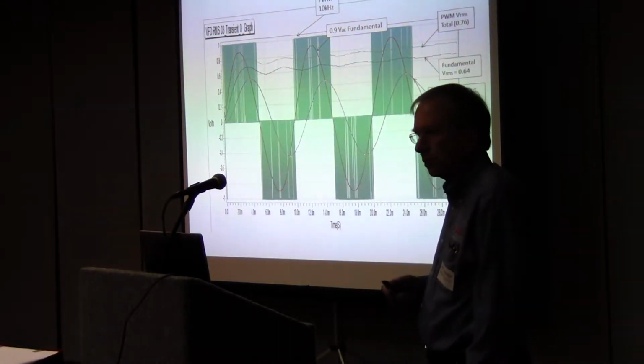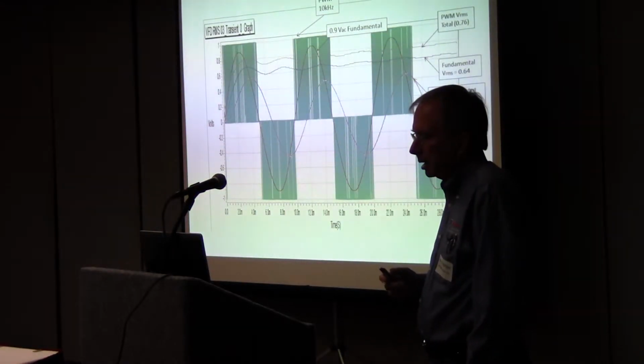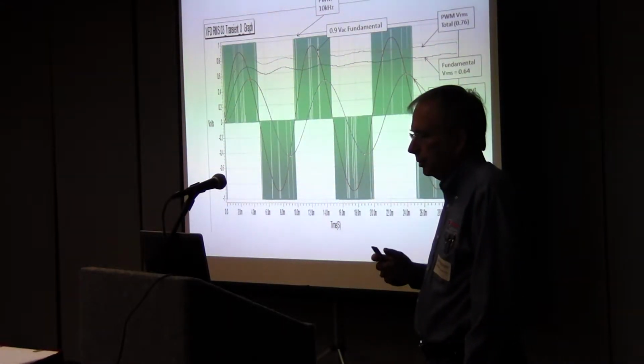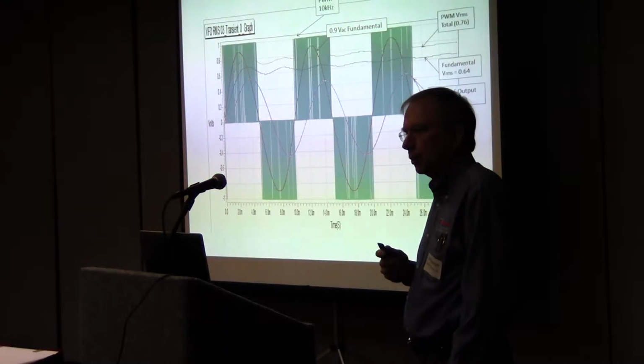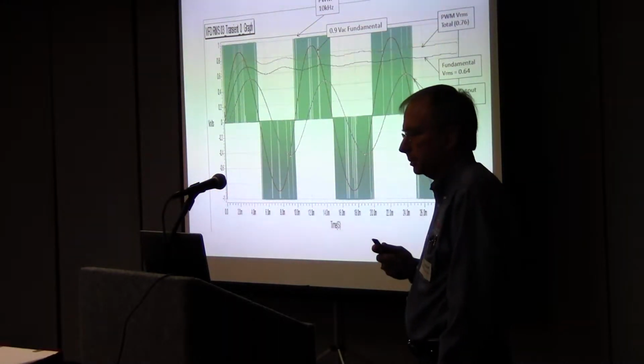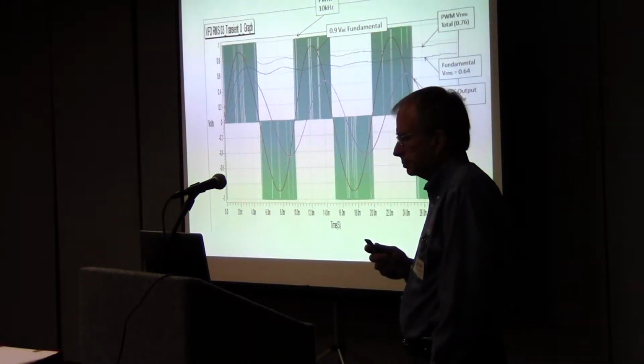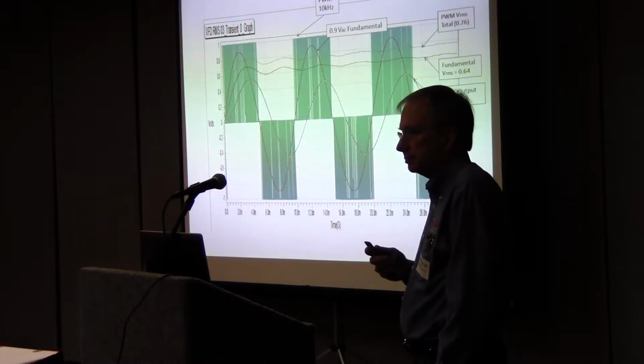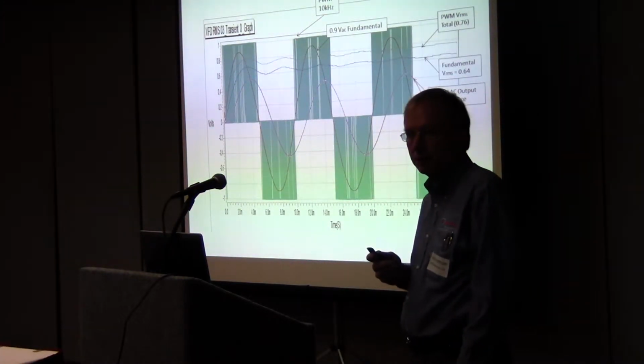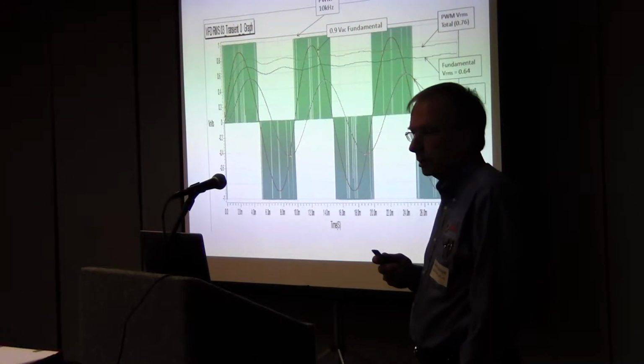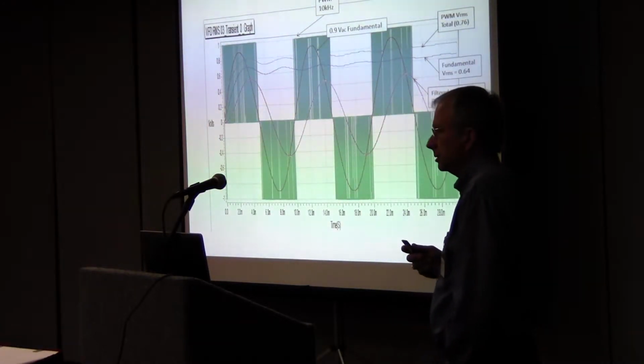A lot of times when we're working with people, we need to simulate their waveform and whatnot, and sometimes we can do it in SPICE, and sometimes we actually do it on an Excel spreadsheet. Believe it or not, you can capture waveforms and things.